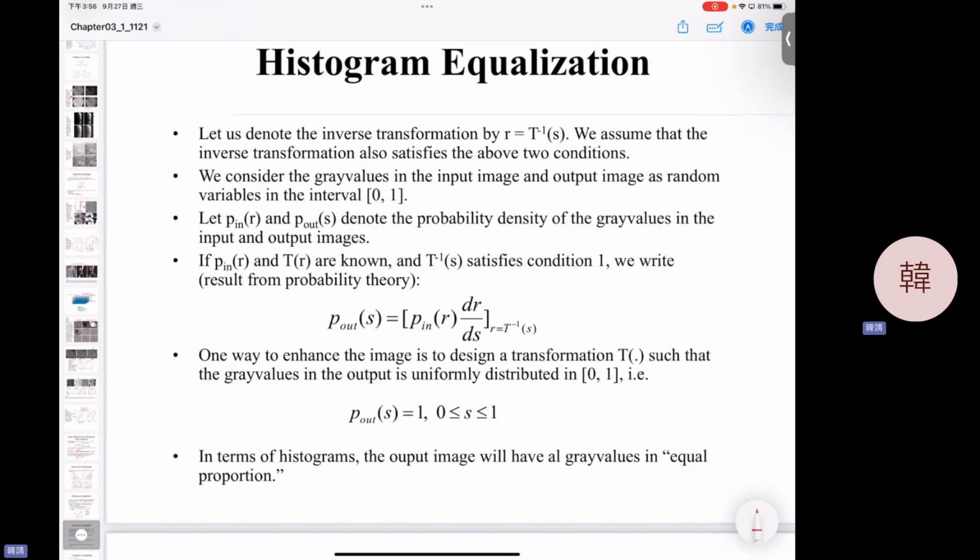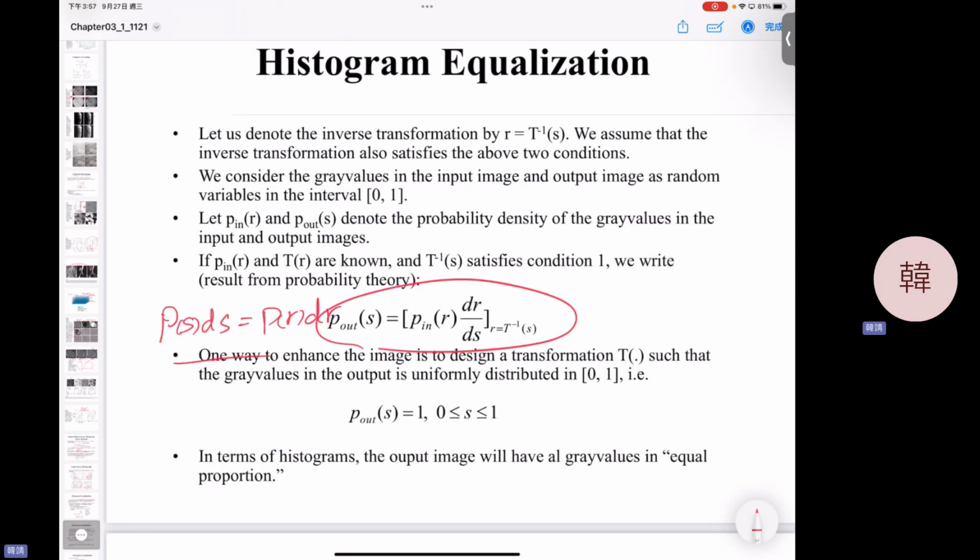So PS ds equal to PR dr. So you are going to change from a small segment to the other segment. This is the transformation fundamental. So here is the idea of this transformation. We call it histogram equalization.